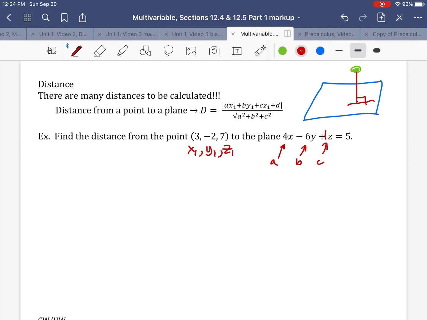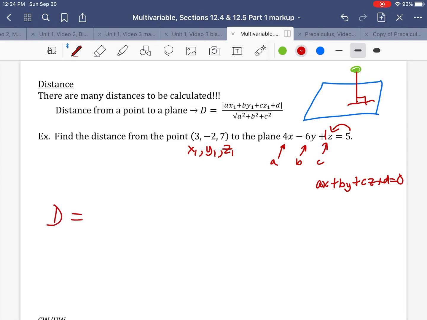And my D value needs to come over to the other side. That's the only thing you have to remember when you do this problem. D has to be together, so you have AX plus BY plus CZ, and that D has to be brought over to the other side so you have it equal to 0. It might not be positive, but that's how you have to have it.